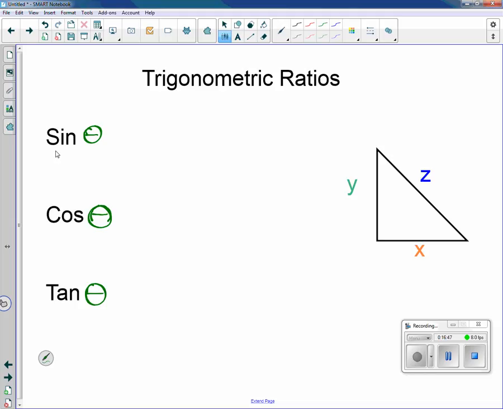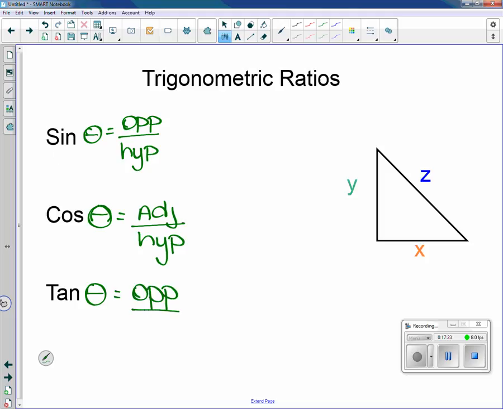Now, the sine ratio is the opposite side over the hypotenuse. Okay? Get your coloring. Now, the cosine ratio is the adjacent side over the hypotenuse. And the tangent is opposite over the adjacent side.